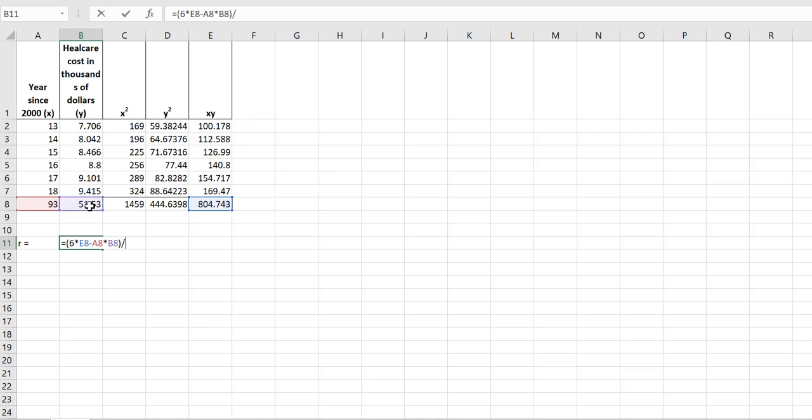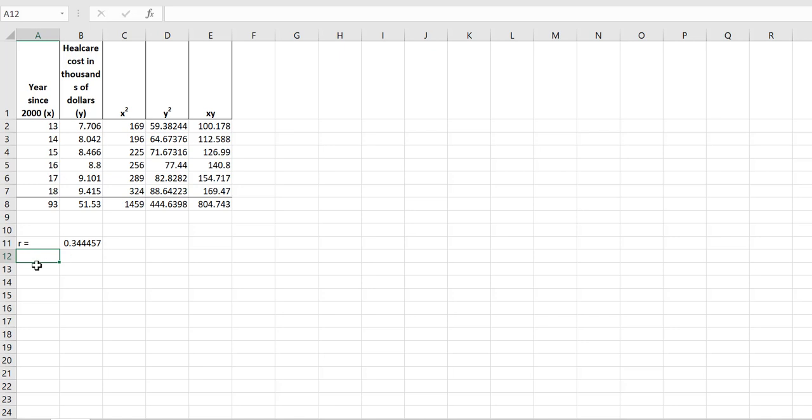And then divided by our denominator, again parentheses, and then we've got 6 times the sum of x squared minus, in parentheses, the sum of x, and then we want to square that. And that gives us 0.3444. That's our slope for our regression line.